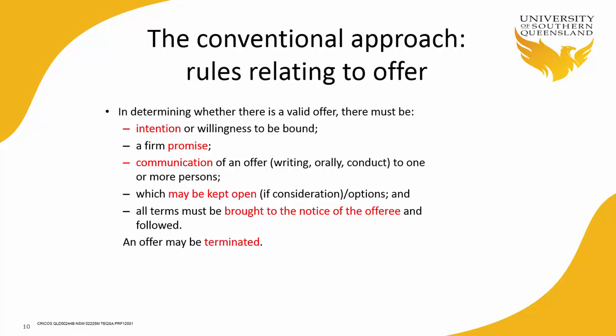So you can buy that option of keeping the offer open for you, but it has to be with consideration. You have to pay for it. You don't just say, keep this pen for me, I'll come back tomorrow, and then you come back tomorrow and find out that they have sold that pen already. That wouldn't work legally. You have to actually pay something for that option to keep the offer open.